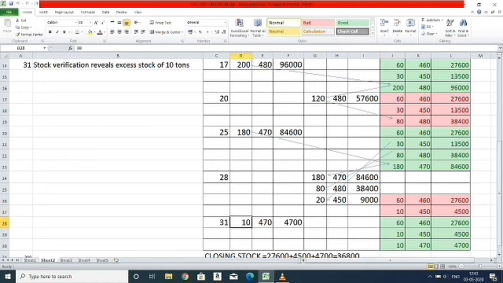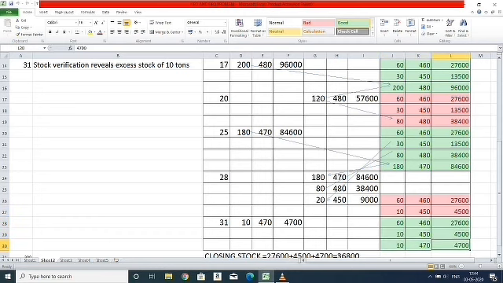So our closing stock on January 31st comprises 60 into 460, 27,600, 10 into 450, 4,500, and 10 into 470, 4,700.